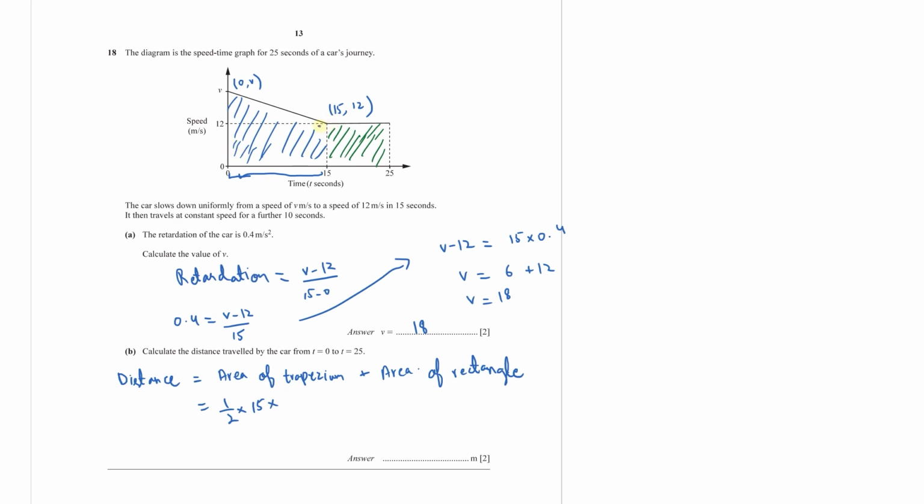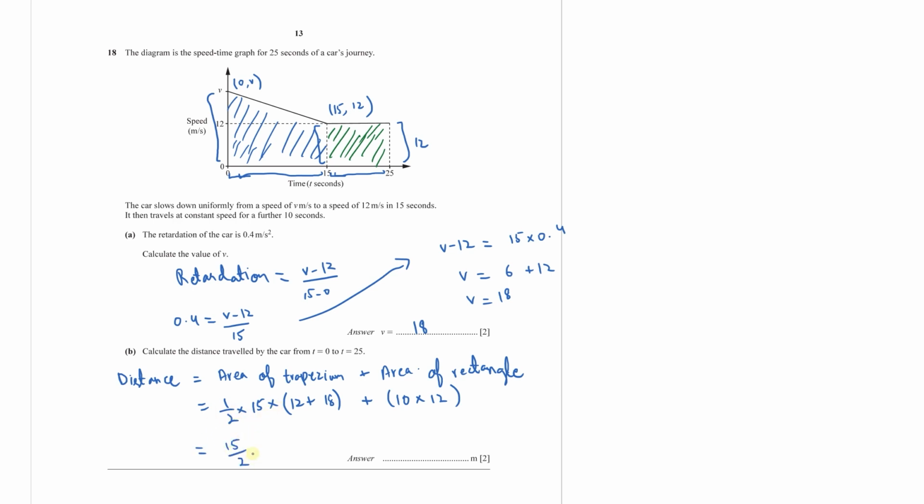So one side is 12, plus the other side, the length of the other side is V, which is calculated as 18, and then plus the area of this rectangle. So this here is 25 minus 15, which is 10. So your one side of this rectangle is 10, and the other side is 12. So 10 times 12. So let's calculate this.